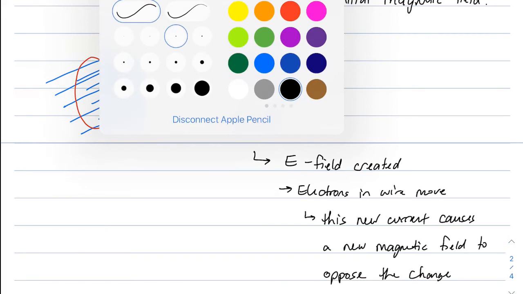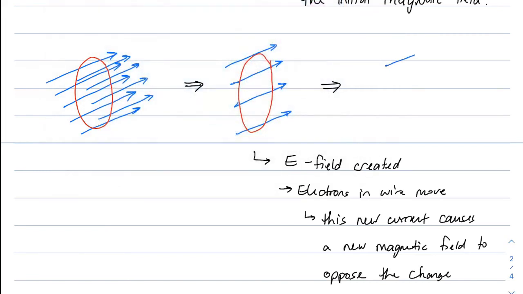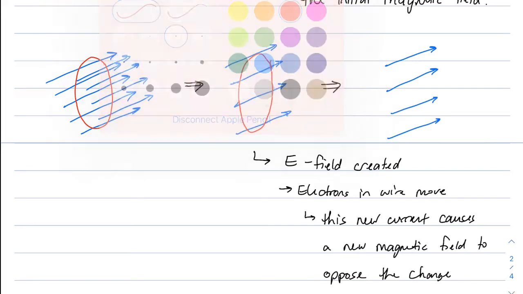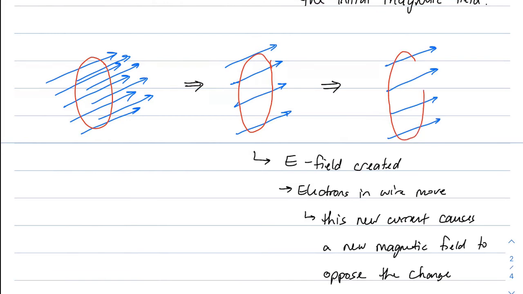So remember, my change is the fact that I don't have as many original field lines, right? This is my original field, and here's my loop of wire. If I'm going to create new magnetic field lines to oppose the change, essentially I create new field lines.